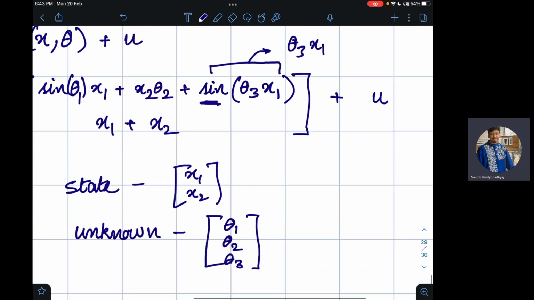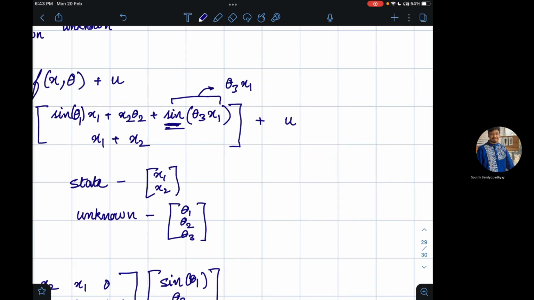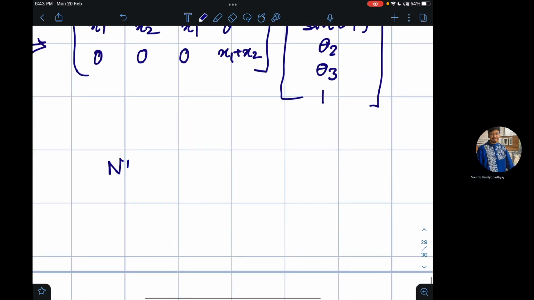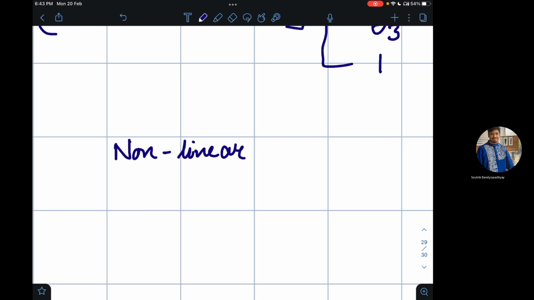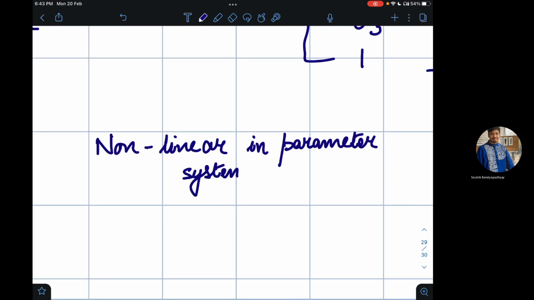But since I have this pesky sine term over here, I can't easily separate out theta 3 and x1 or some other combination of that, right? So this is called a nonlinear in parameter system, right?